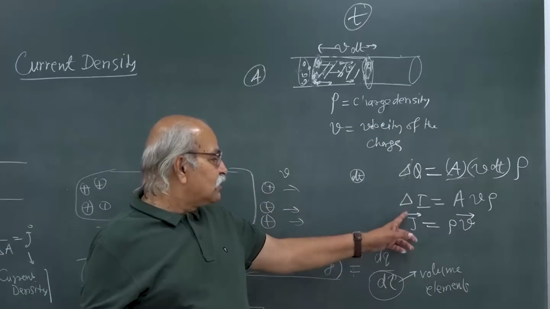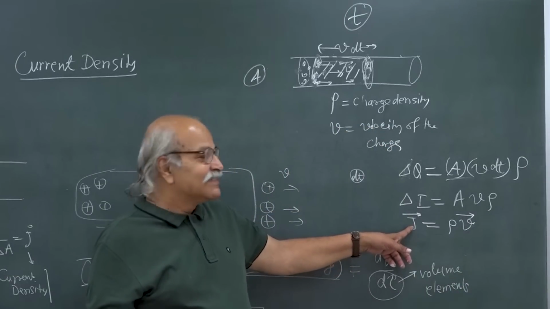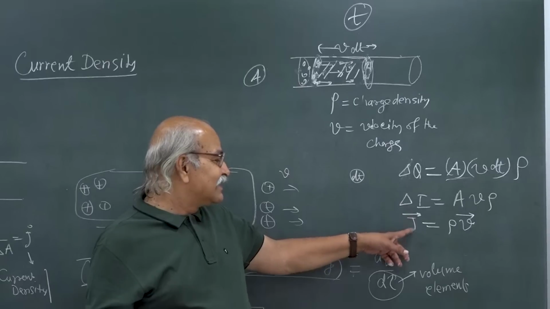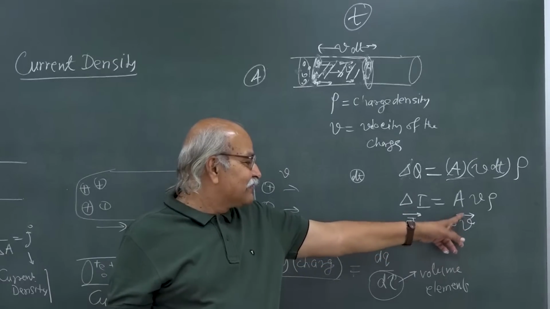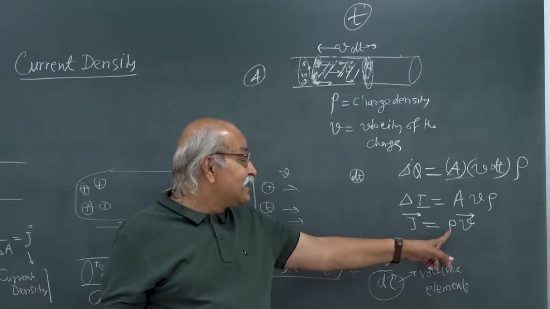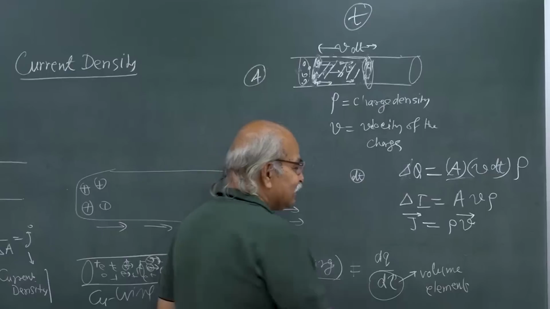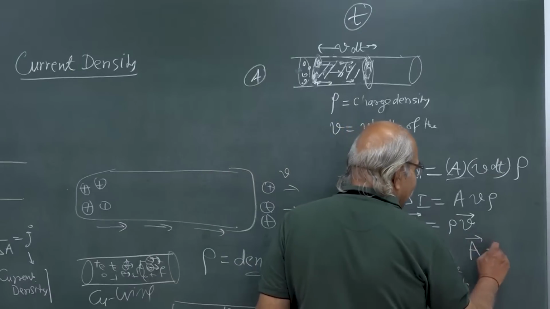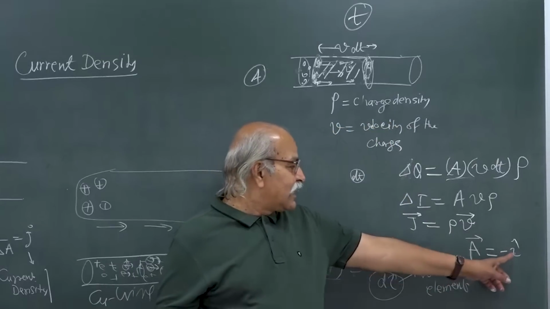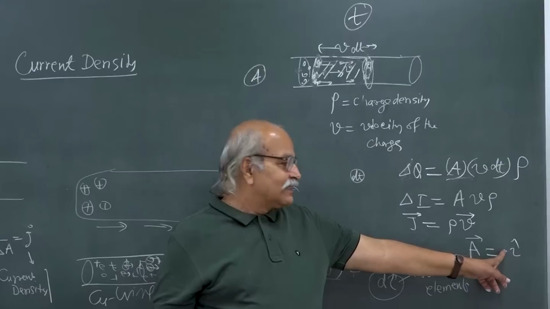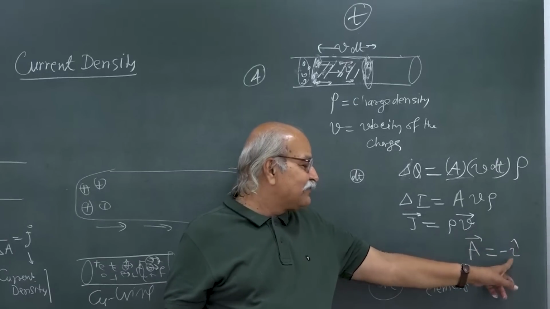The direction of this current density, now that I have current density, is the same as the direction of this velocity v, provided this rho is positive. You know that if I write some vector as minus i cap, and multiply it by a negative quantity, then the direction is opposite to the direction of this i cap vector.